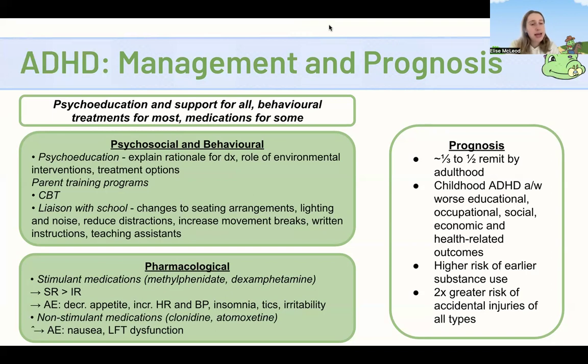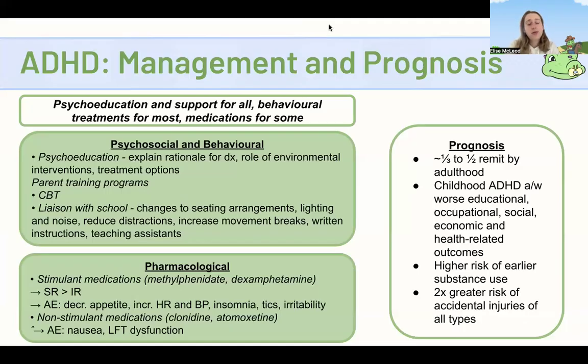CBT, sorry, might be important, particularly if the child has some comorbid anxiety or depression. And liaising with school is critical, or whatever educational system the child's in, to make reasonable adjustments to help the child learn. Because I think this is where a lot of schools can have downfalls if they don't properly understand the requirements for the particular child.